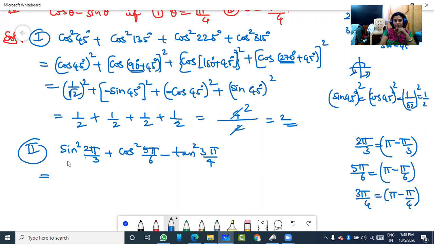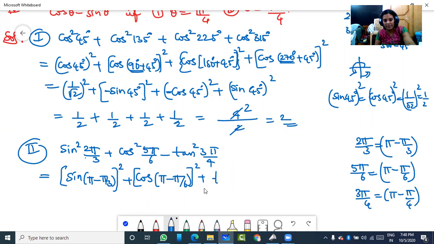It is equal to sine of 2 pi by 3 can be written as sine of pi minus pi by 3 whole square plus cos of 5 pi by 6 can be written as pi minus pi by 6 whole square, not plus, it is minus, tan of 3 pi by 4 means pi minus pi by 4 whole square.